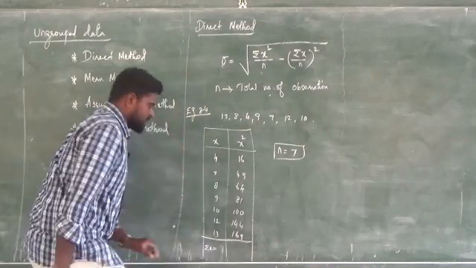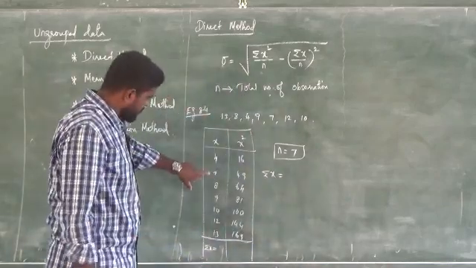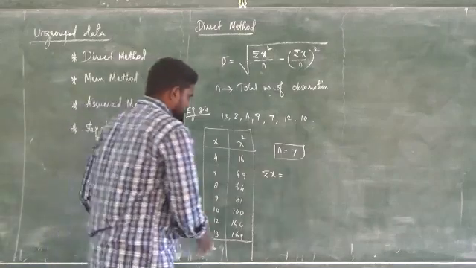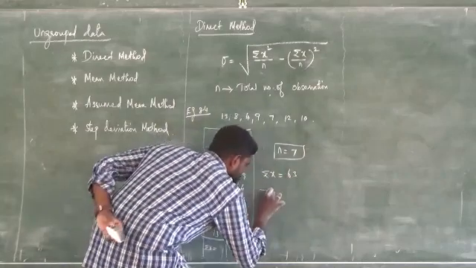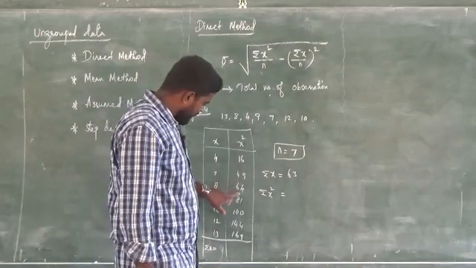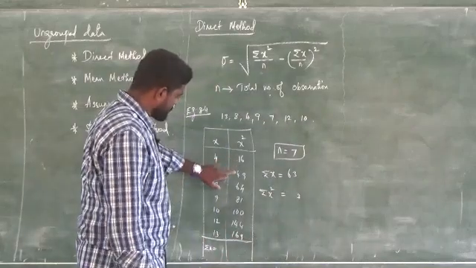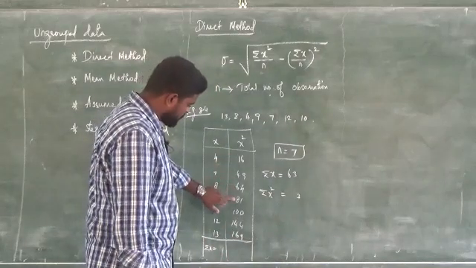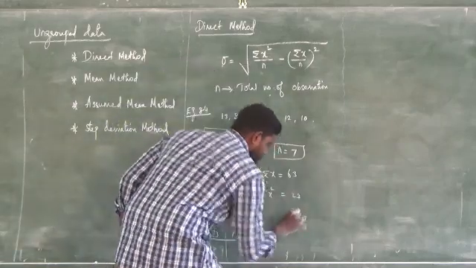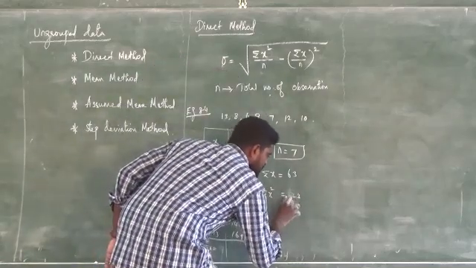Summation x is equal to 63, and summation x square is 623.